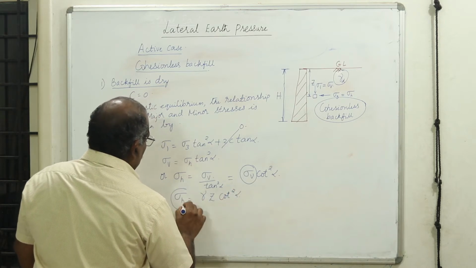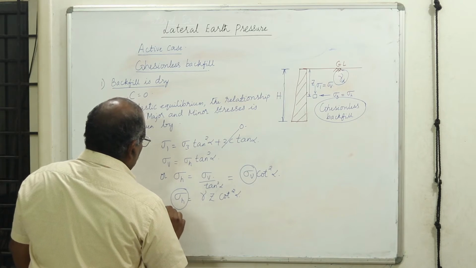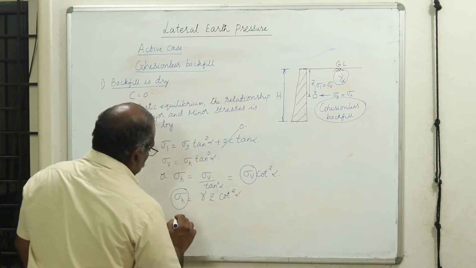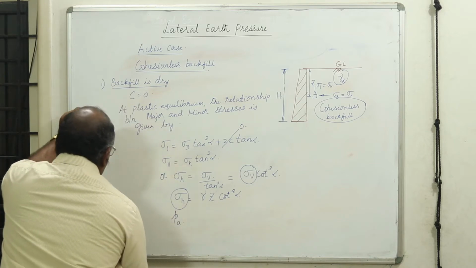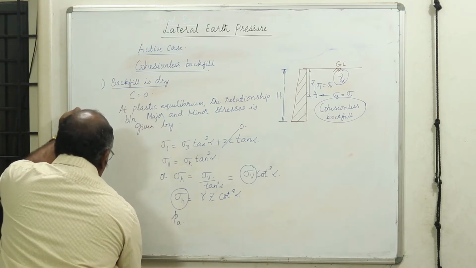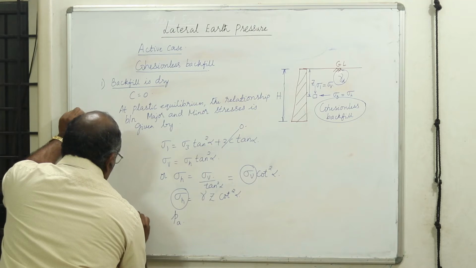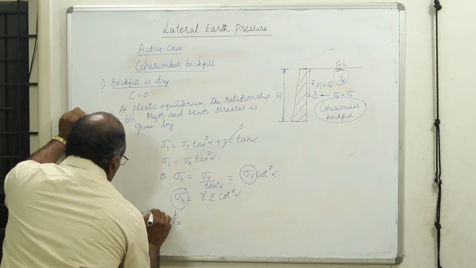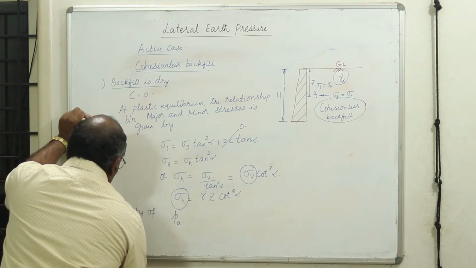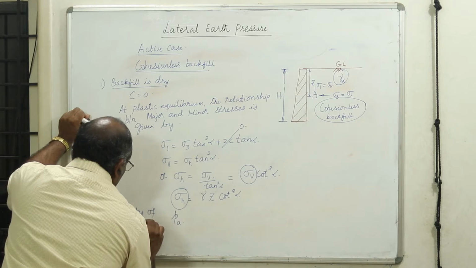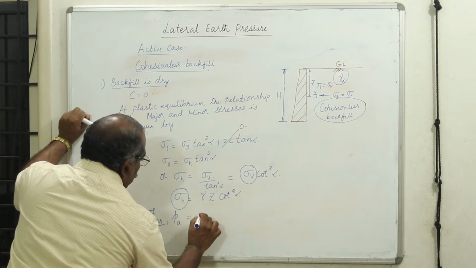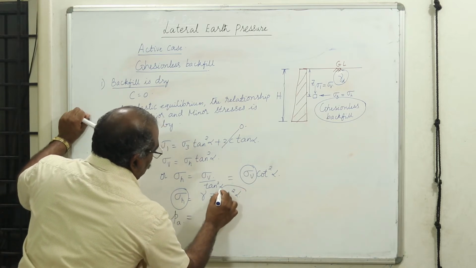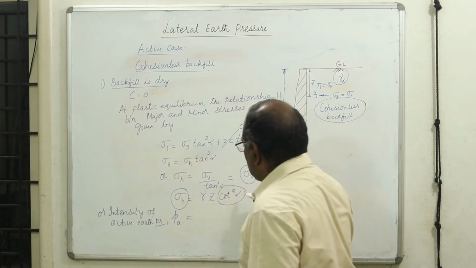Now I will call sigma h as pa, the intensity of active earth pressure, equal to gamma z cot square alpha. Students, what is this cot square alpha?